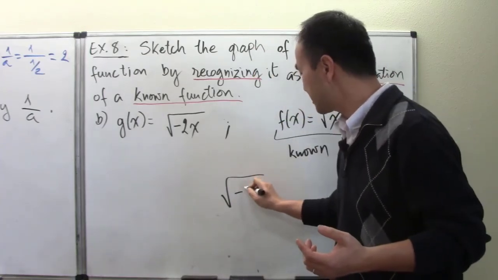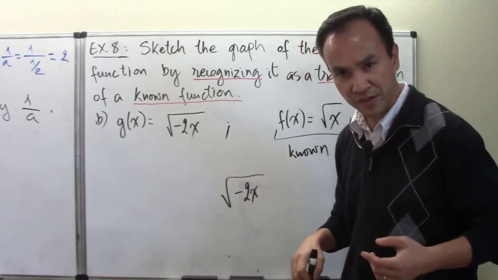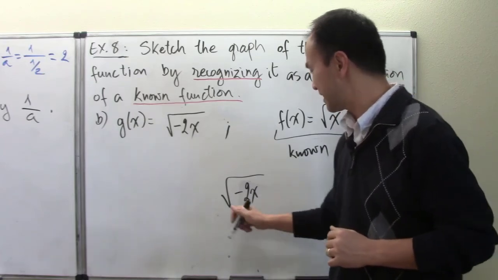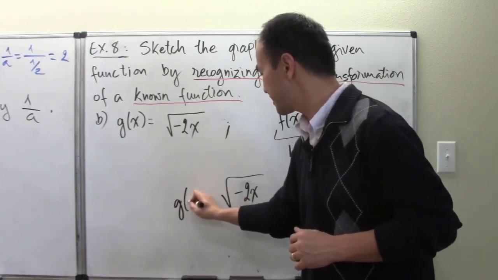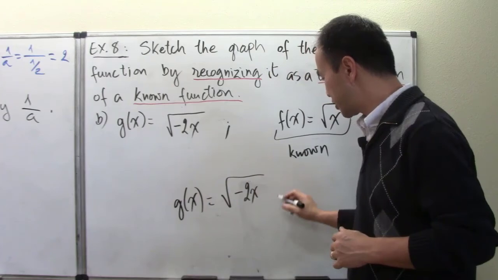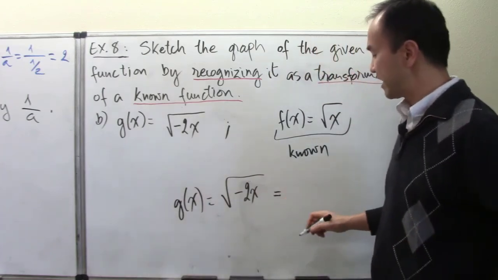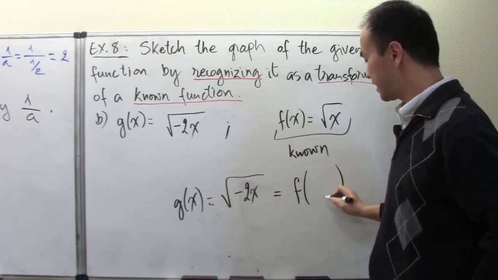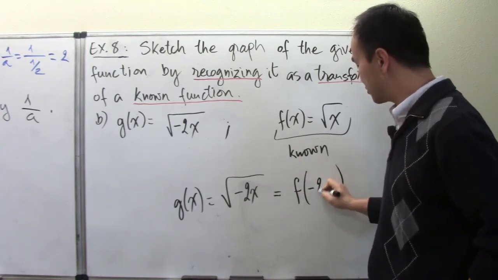That expression is minus 2x inside the square root. In the way I wrote it, I recognize that g of x equals square root of minus 2x can indeed be recognized as the function f, but taking the input minus 2x.